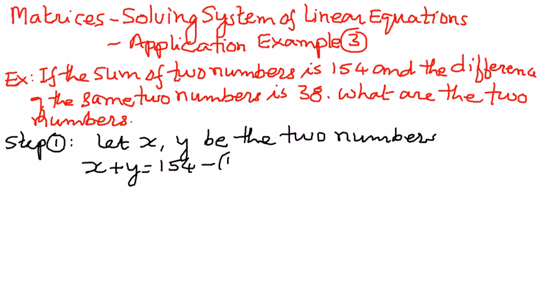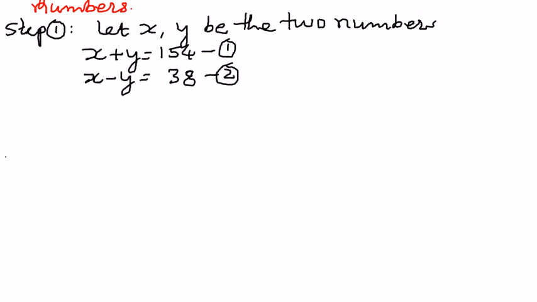That is one equation. And then the difference of those same two numbers, x minus y, is equal to 38. And that is our equation number 2. We have, in fact, formulated the system of linear equations right away.